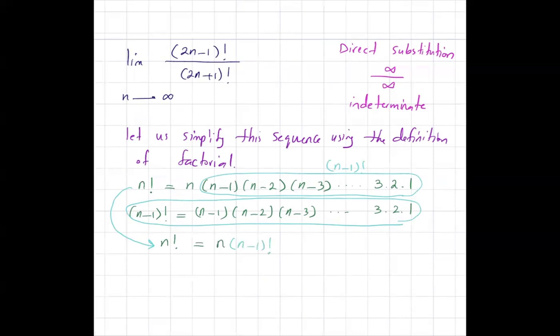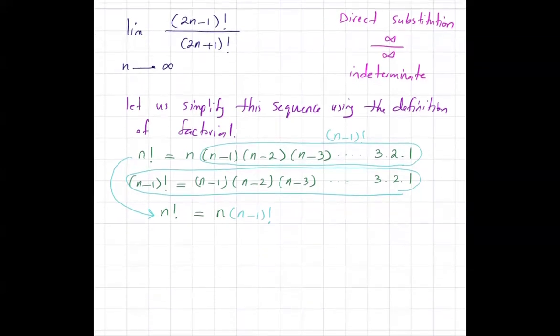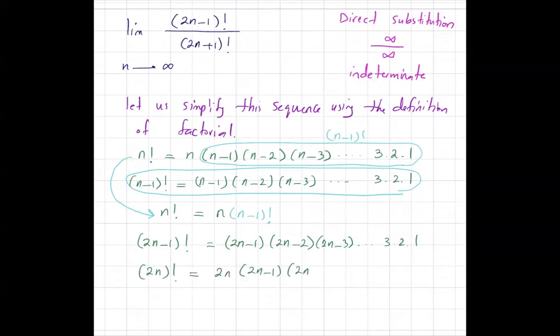So what about 2n? What is (2n minus 1) factorial, (2n) factorial, (2n plus 1) factorial? Let us take a look. (2n minus 1) factorial, based on the definition, is 2n minus 1, 2n minus 2, 2n minus 3, and so on, times 3 times 2 times 1. What about (2n) factorial? It is 2n times 2n minus 1 times 2n minus 2 times 2n minus 3, and so on, times 3 times 2 times 1.